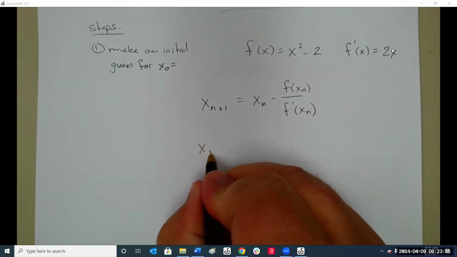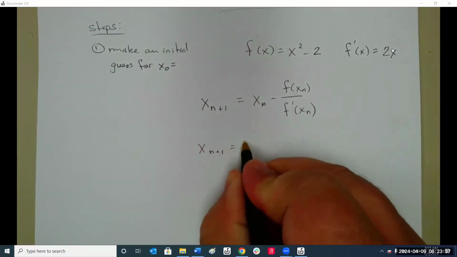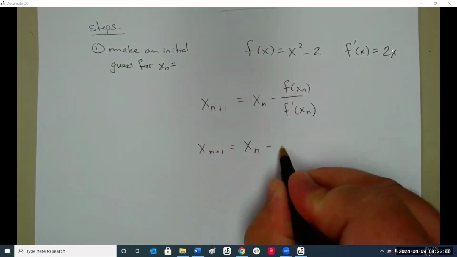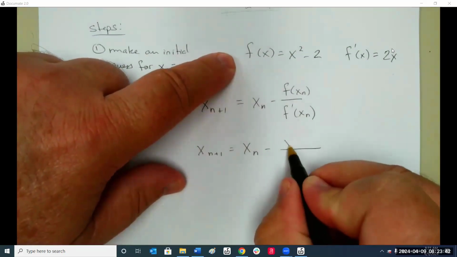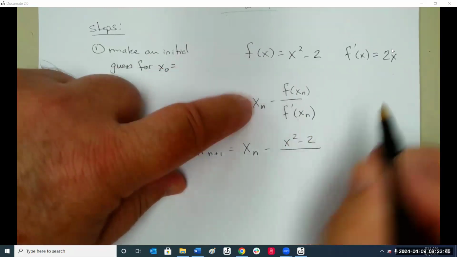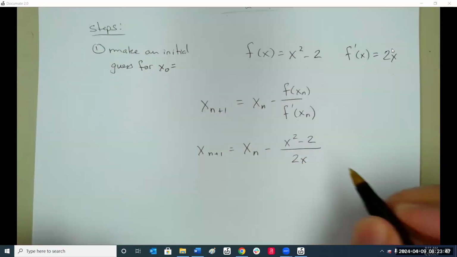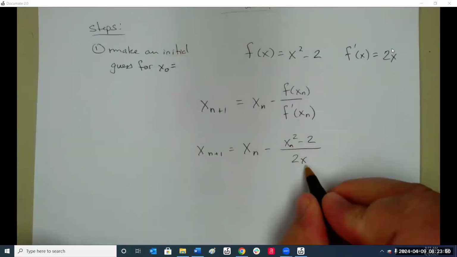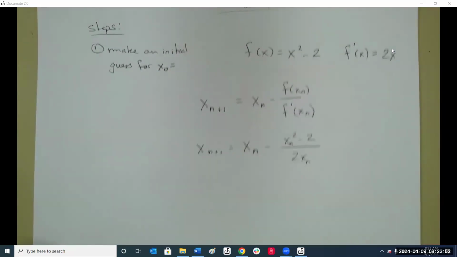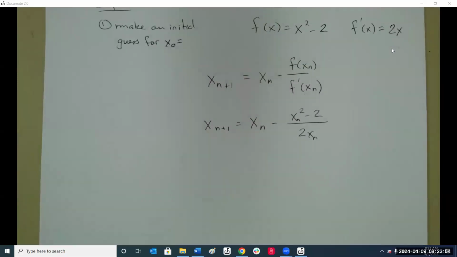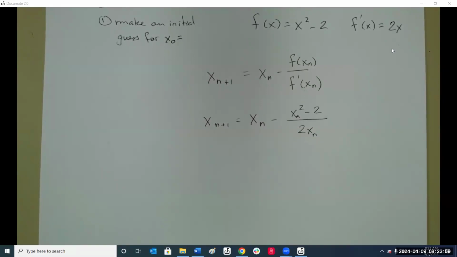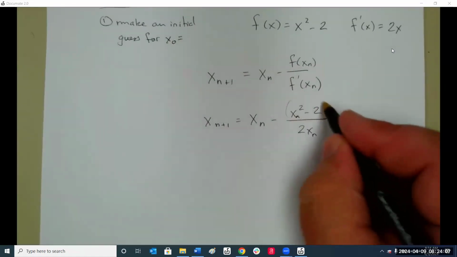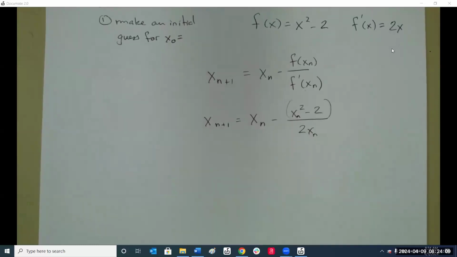So our equation that we'll be using looks like this. Our initial equation goes on top and 2x goes on the bottom. Now, these are indices. You could leave it like this if you want to, or you can split them up.